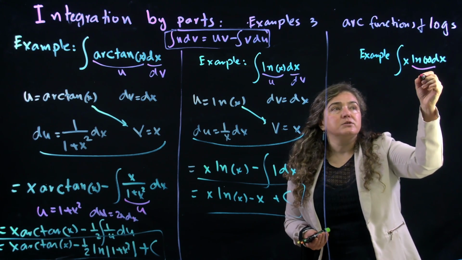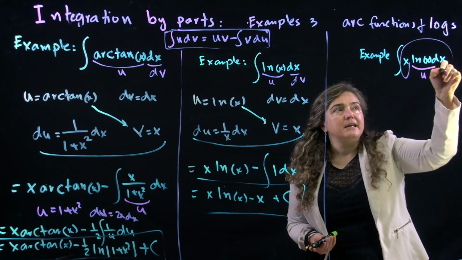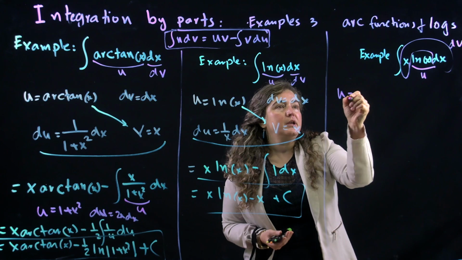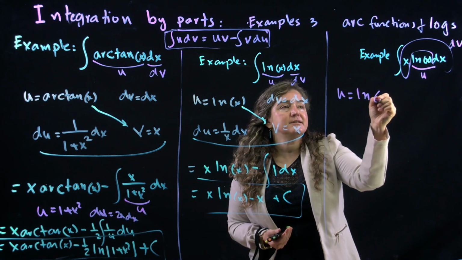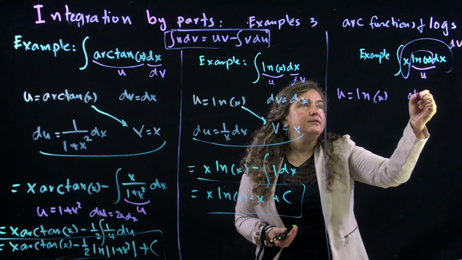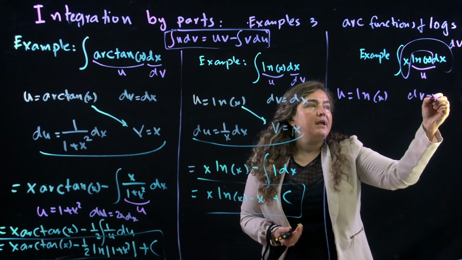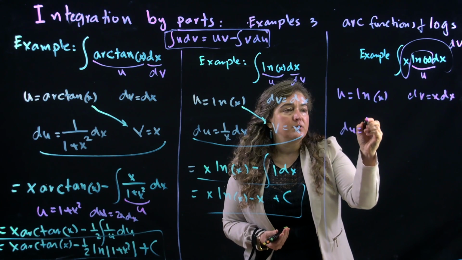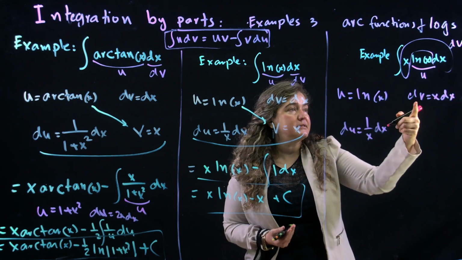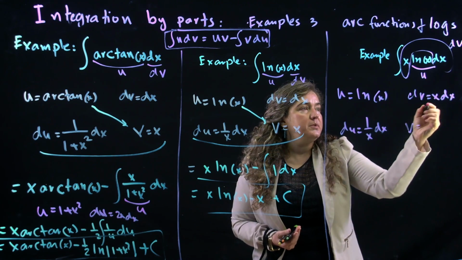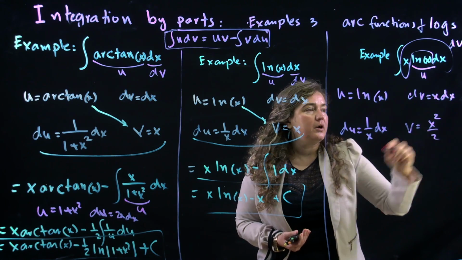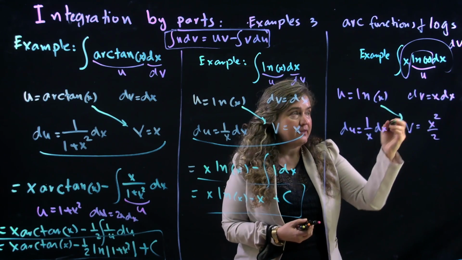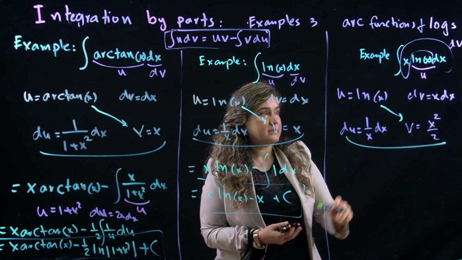Here, that one is going to be u, so this entire thing is going to be dv. So u equals natural log of x as usual, and dv is x dx. Then du is 1 over x dx, and v is x squared divided by 2. Again, these two multiply together minus the integral of the second part.